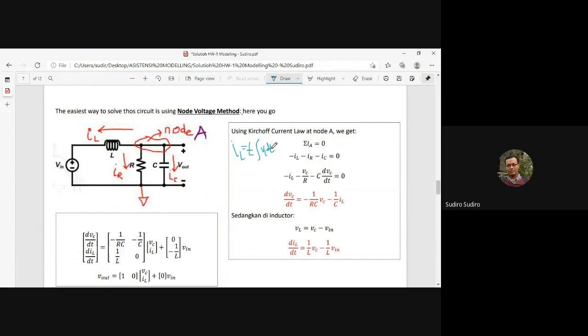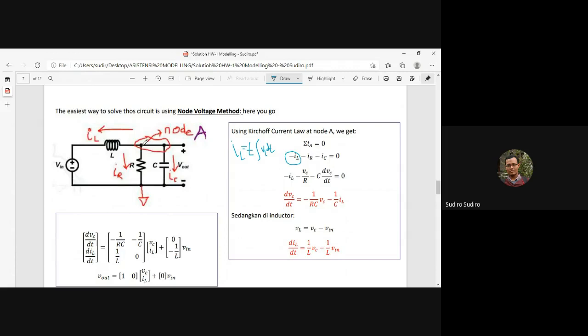So I prefer not to use it, but just leave the IL as the state, and we can get the current of the resistor with this circuit.